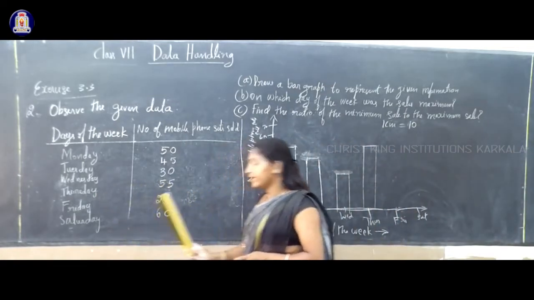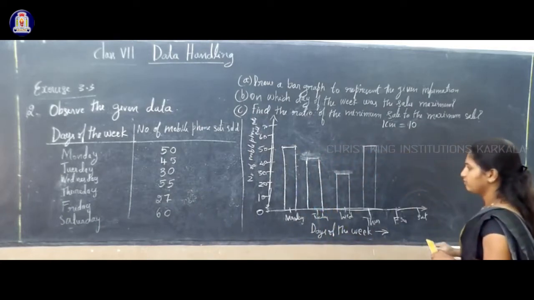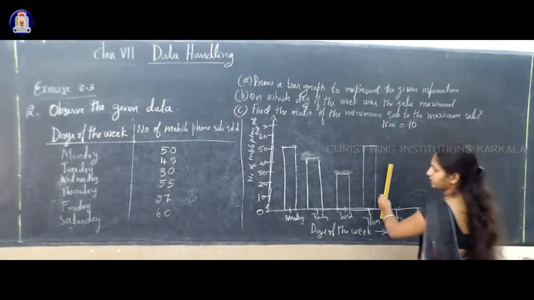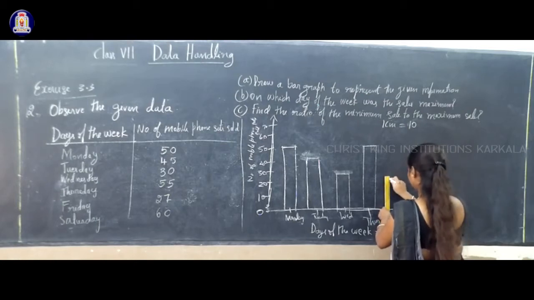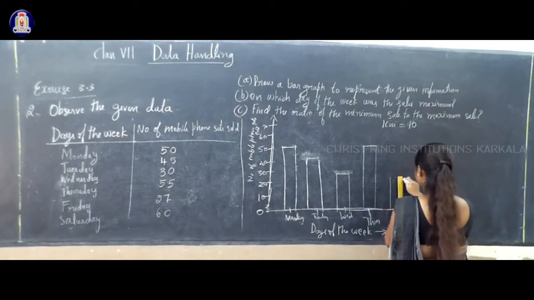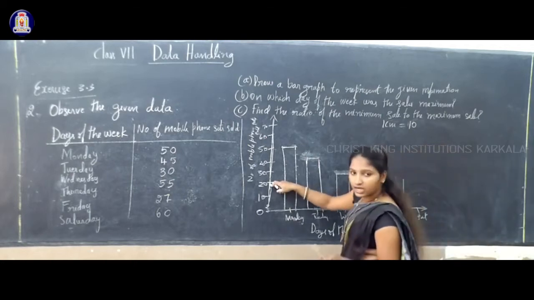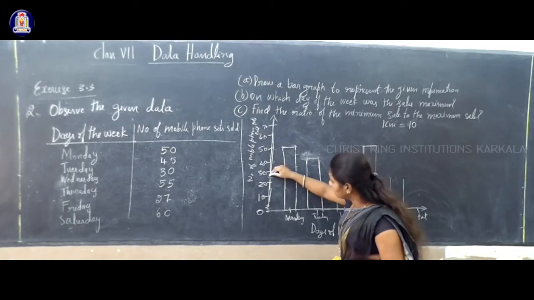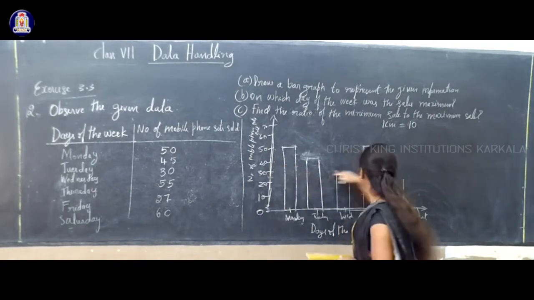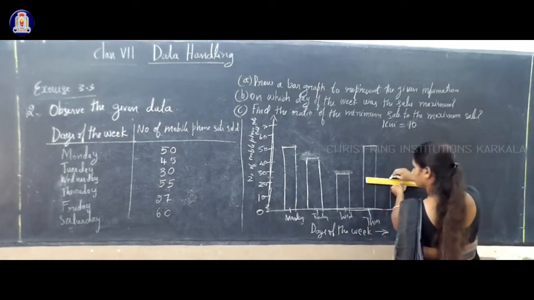So next, Friday, 27. 27 mobiles are sold on Friday. 27 is after 20. The middle is 25, then 26, 27, 28, 29, 30. Correct?